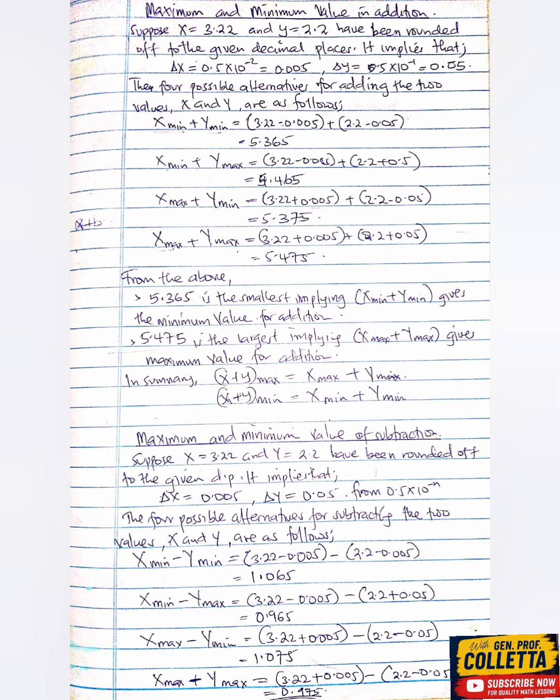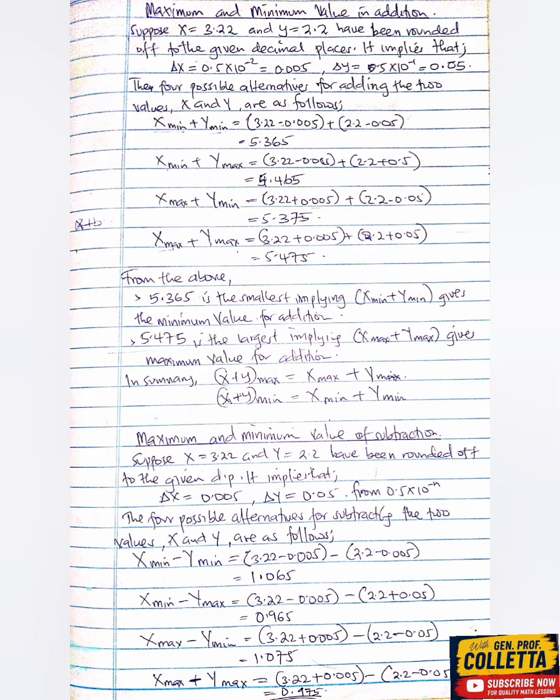So what of the maximum and minimum value of subtraction? We follow the same procedure, but while subtracting. Let's assume I get a minimum value and a minimum value and I subtract them, it will be, isn't it?